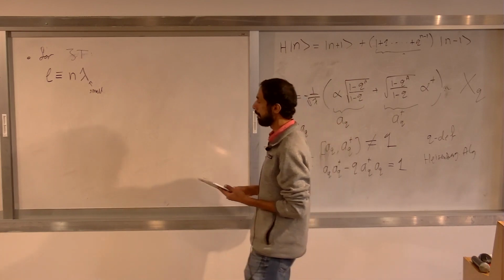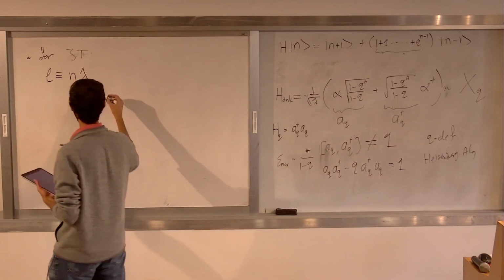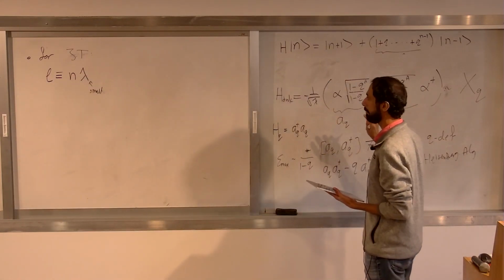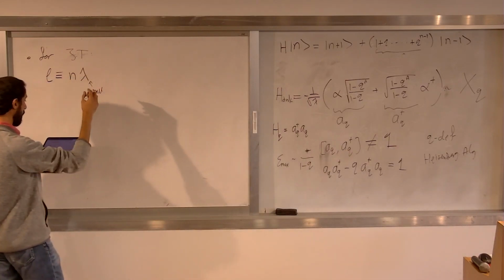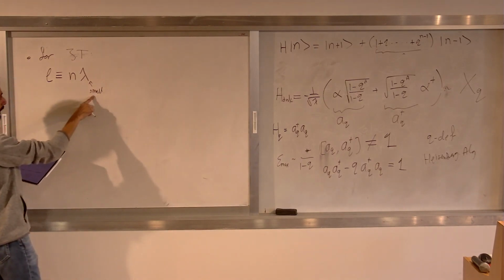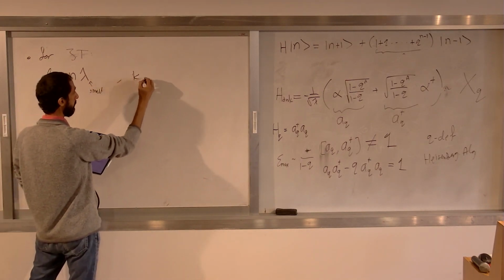Let's think about this system classically. If you want to think about it classically, I'm going to work in the limit where lambda is small, so I can think of L as a continuous parameter. I can define K.